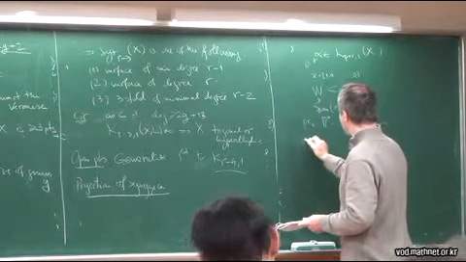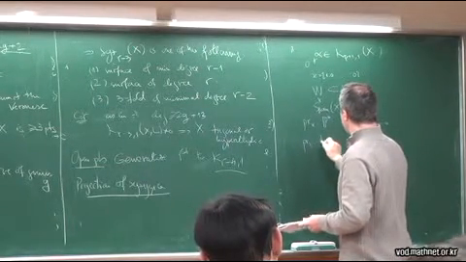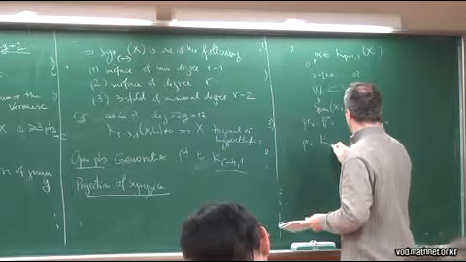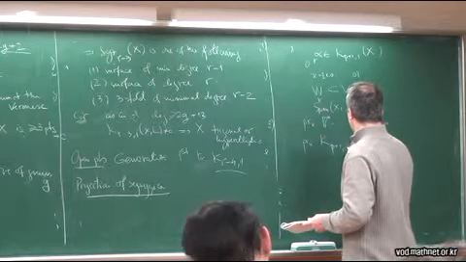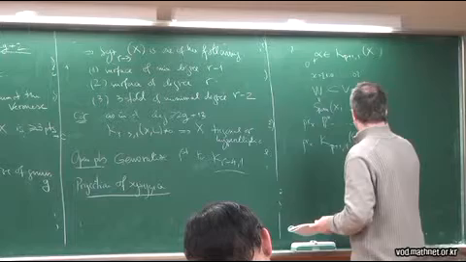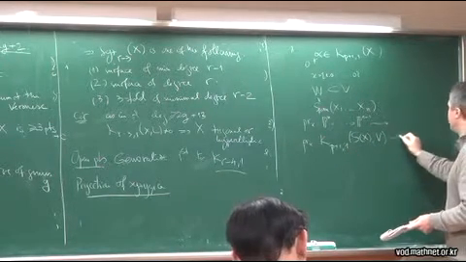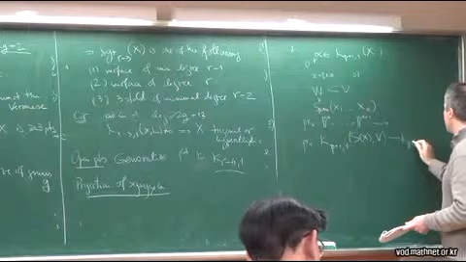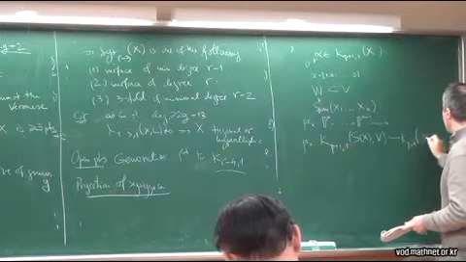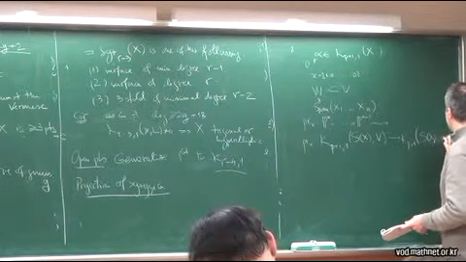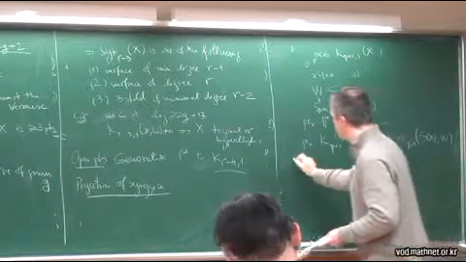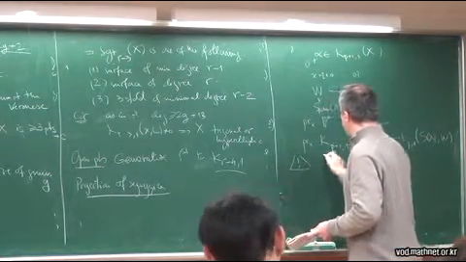So we have a projection map from K_{p+1}(S_X, V) to K_{p+1}(S_X, W), but we have to be careful.